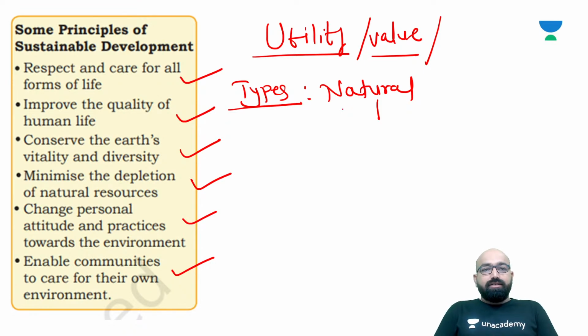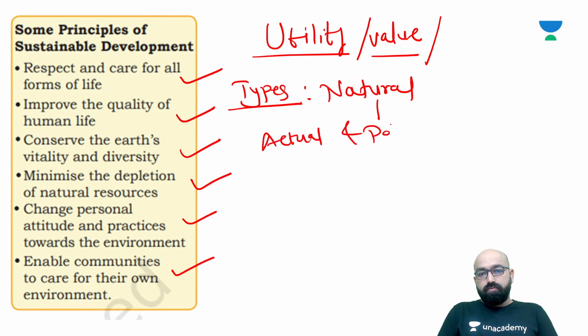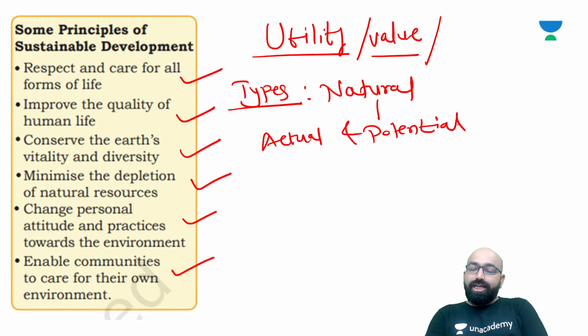On the basis of their development and use, resources can be classified into two groups: actual resources and potential resources.